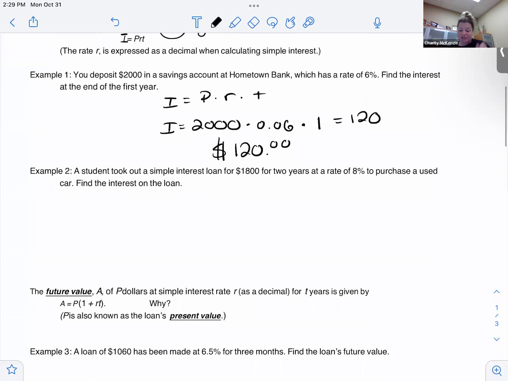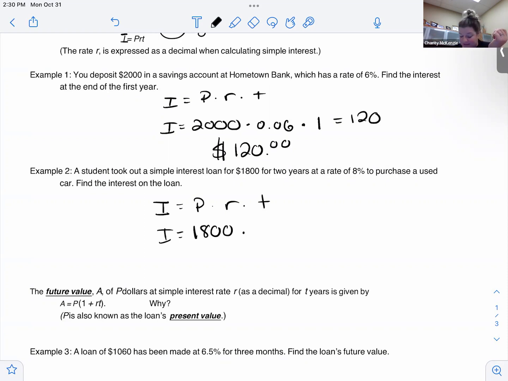Example 2: a student took out a simple interest loan for $1,800 for 2 years at the rate of 8% to purchase a used car. Find the interest on the loan. So again, the interest is equal to P times R times T. How much money did we borrow? $1,800, that's our starting amount.